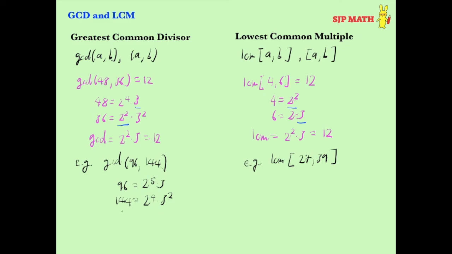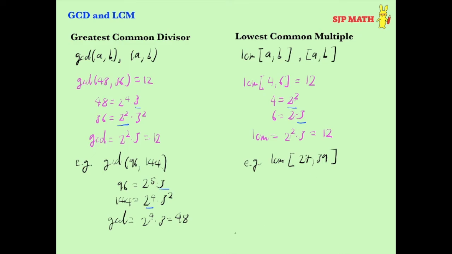For the GCD, we want to find the minimum exponent for each of the prime factors. The minimum exponent between 2 to the 5 and 2 to the 4 would be 2 to the 4, and for 3 it would be 3. So the greatest common divisor, GCD, is equal to 2 to the 4 times 3, which is equal to 48. That's a pretty large GCD.